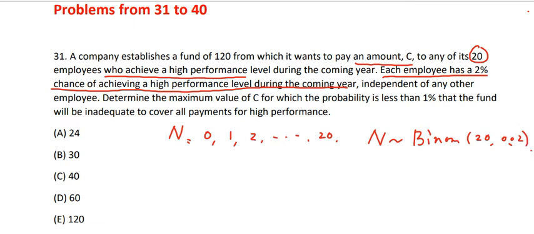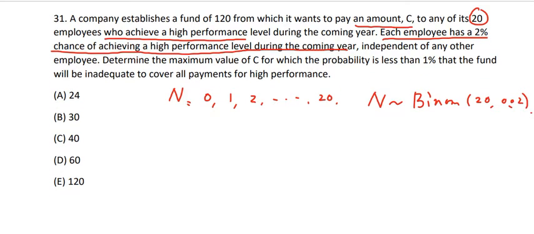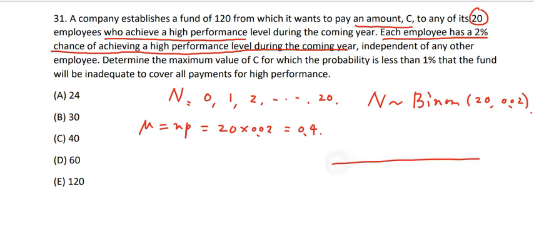We know the mean is NP. So NP equals 20 times 0.002, which equals 0.4. So let's draw the graph, n equals 0, 1, 2, 3, 4, like this.